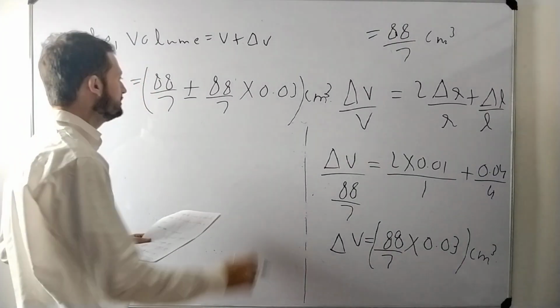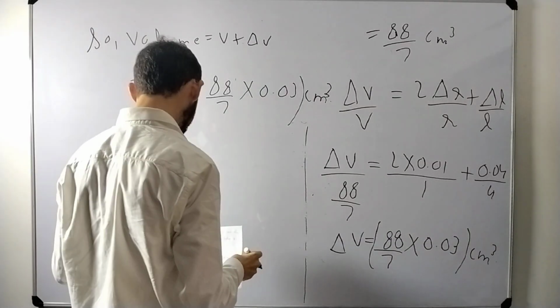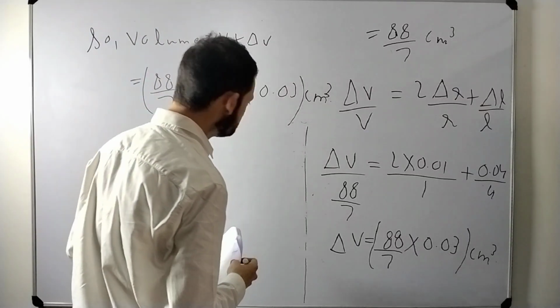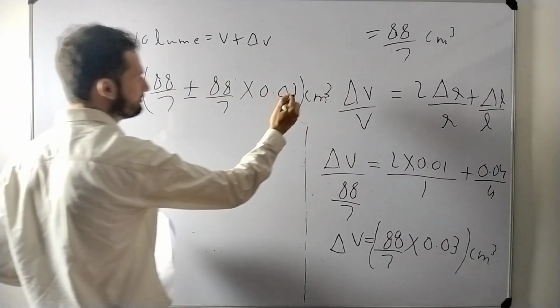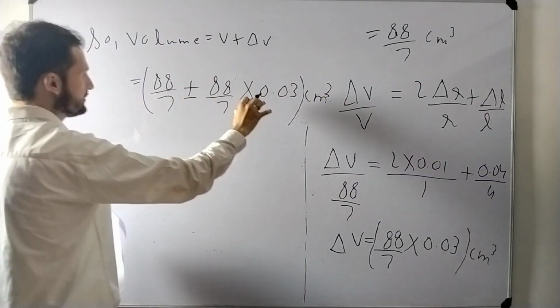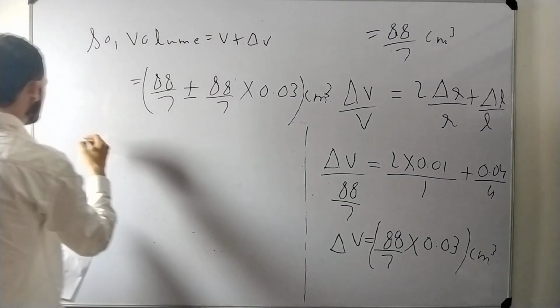Error has to be taken with both here. So the next part of the question, you might be thinking it is a big number. But 0.03 compensates everything.